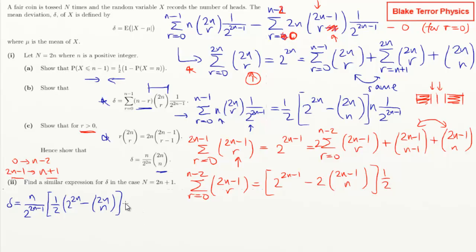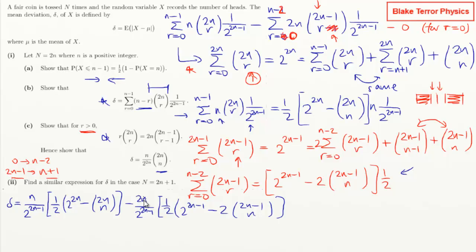And then I need to take off, God, this is all over the place as well. So this is my sum here. But this time I've got a 2n over 2 to the 2n minus 1, multiplied by a half of 2 to the 2n minus 1 minus 2 lots of 2n minus 1 choose n.